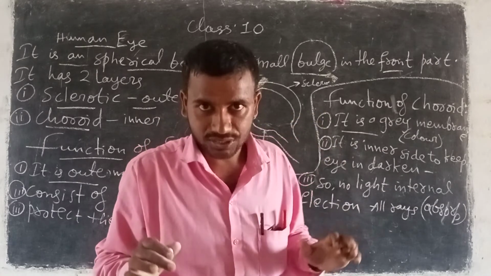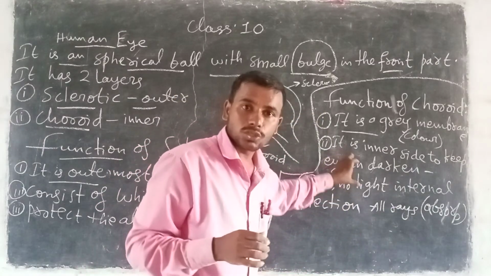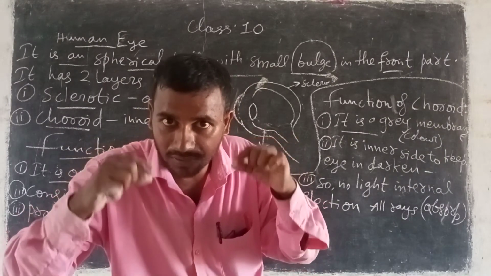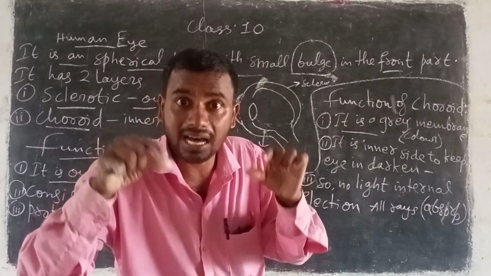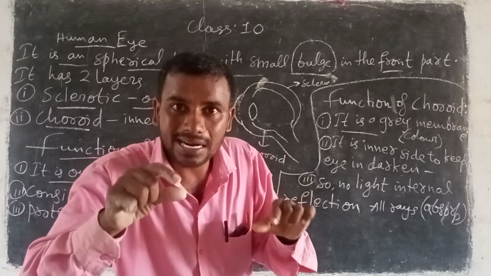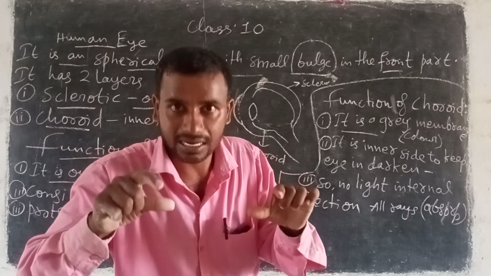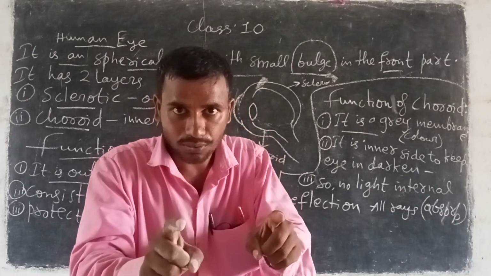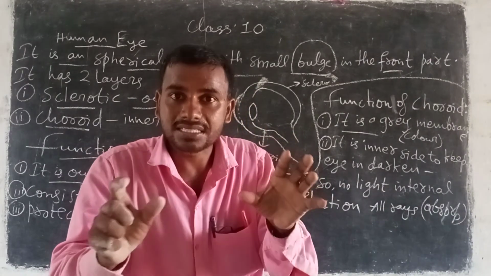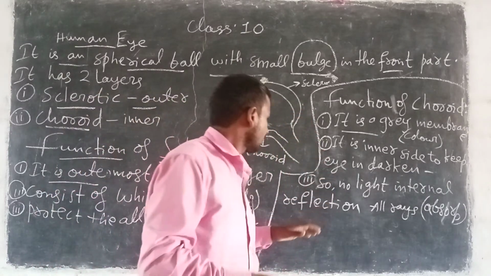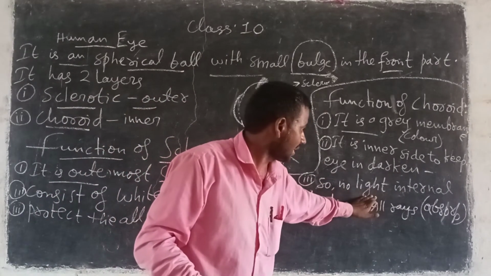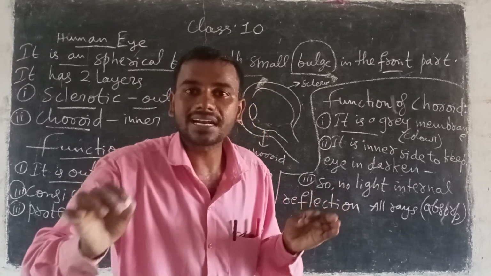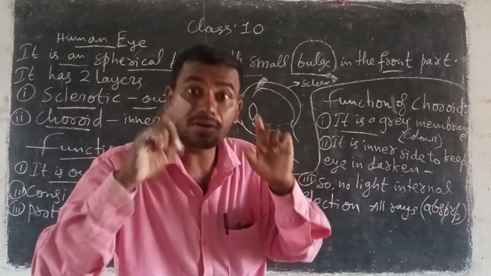in our eyes. So this choroid layer is keeping the inside of our eye dark, in the pupil, to absorb all the light rays when light rays are falling on the eye. Next, internal reflection should not reflect any light ray from our eye.